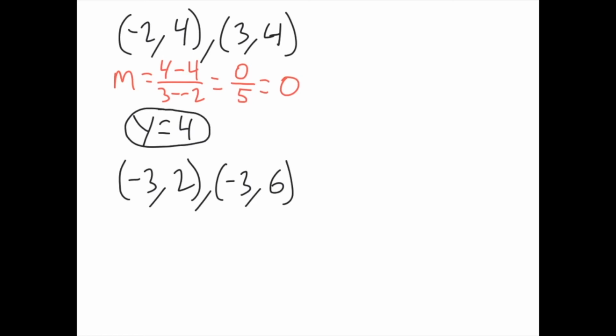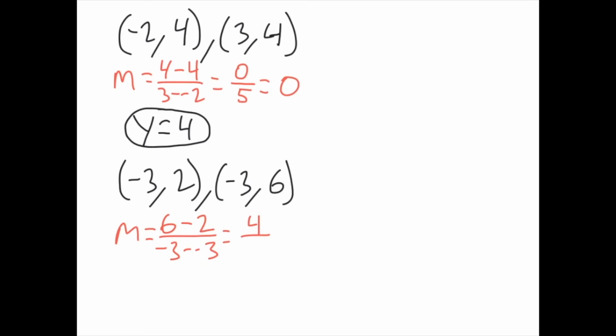In this case down here, y2 is 6, y1 is 2, x2 is negative 3, x1 is negative 3. Sorry, I keep saying y2 for some reason. So 6 minus 2 is 4, and then negative 3, again, minus a negative, so you add them.